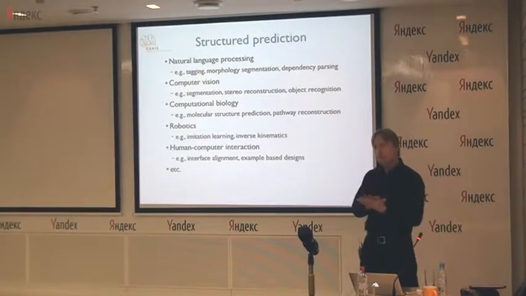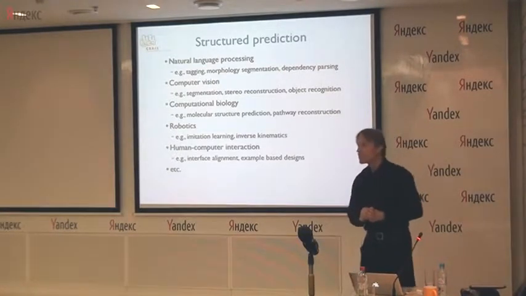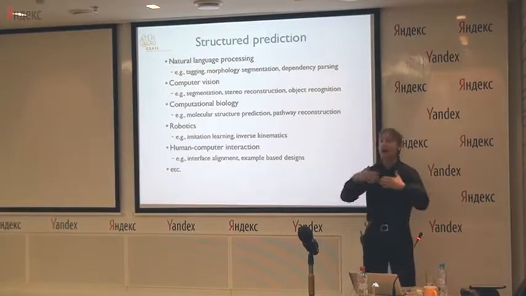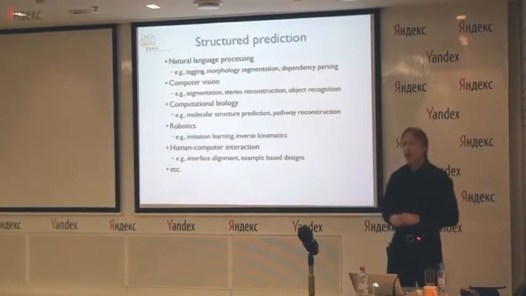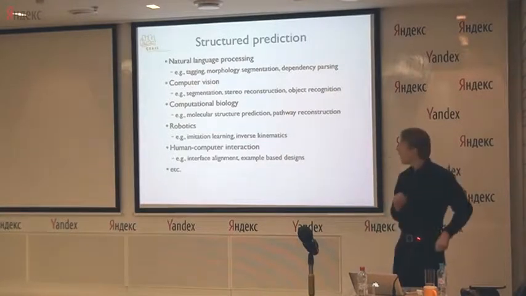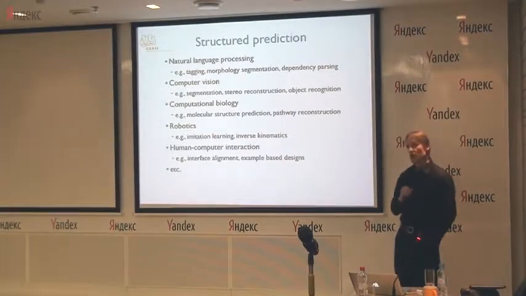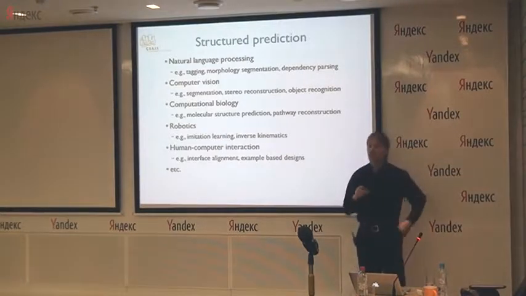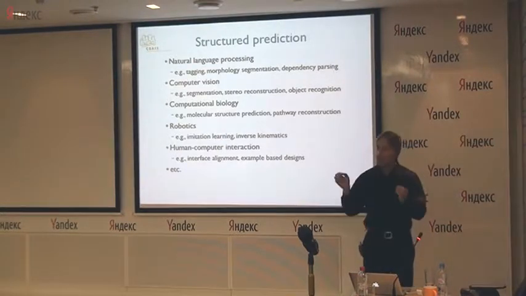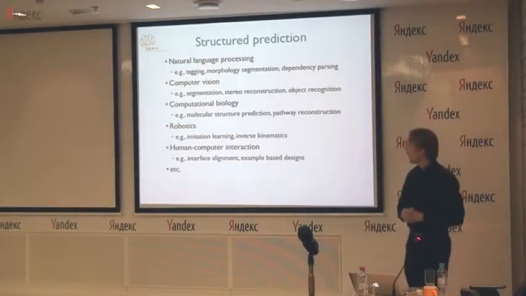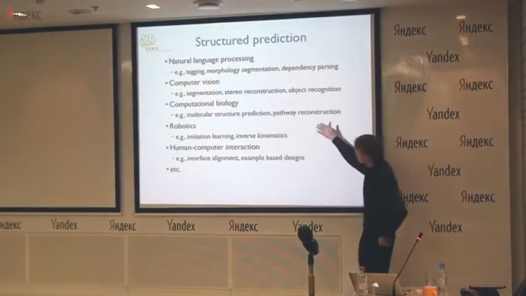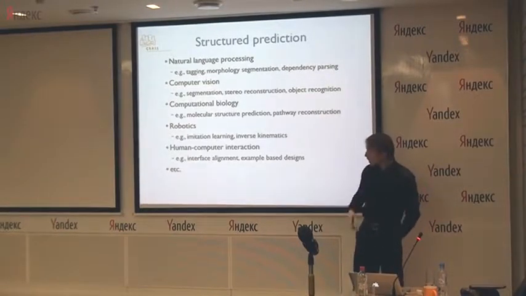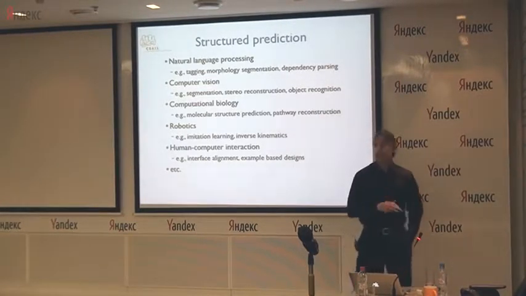Labeling of an image, segmenting an image, predicting a disparity map or the depth field based on two images in the stereo reconstruction area. In molecular biology, predicting molecular structures, the structure itself is now the prediction that you're trying to achieve, reconstructing pathways from data and so on, all the way to interface design.